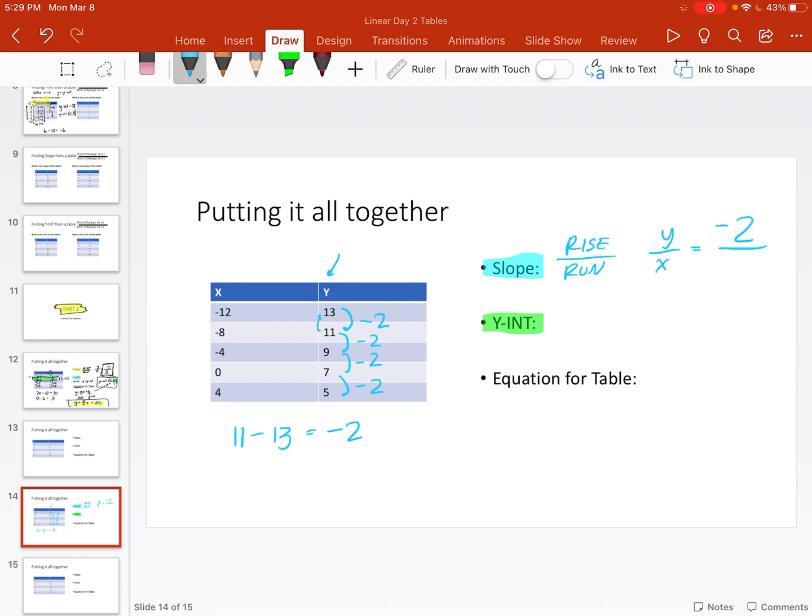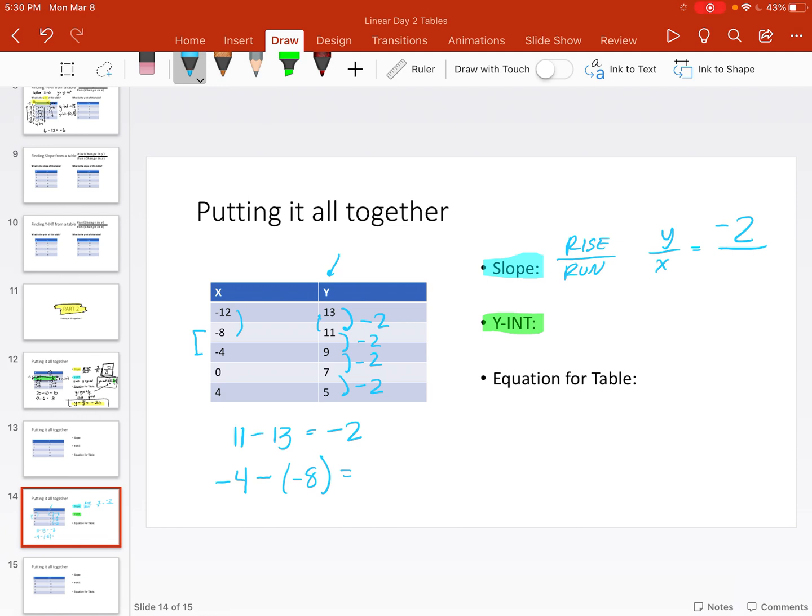Now we have to look at my x's. X's are a little more tricky because we have some negatives and we have some positives. So let's use our method again. I'm going to pick -4 and -8 this time. Again, I'm going to start with my bottom number, so I have -4. And here's where it gets tricky. We're going to have to type in -4 minus -8.